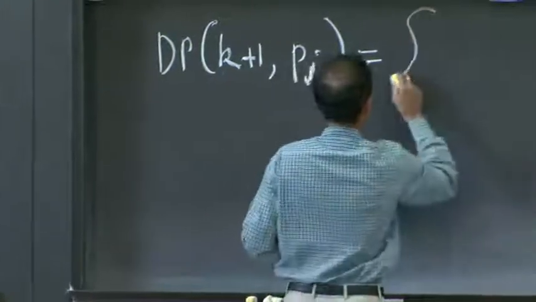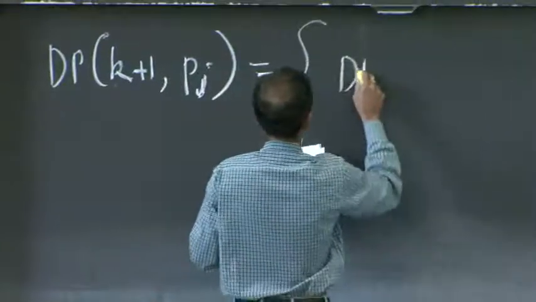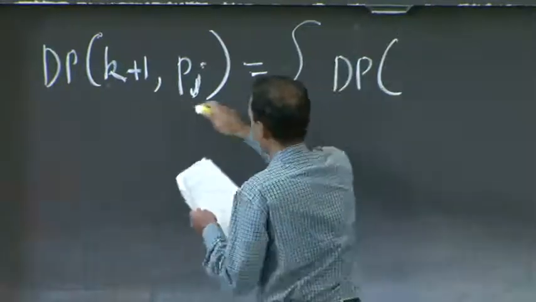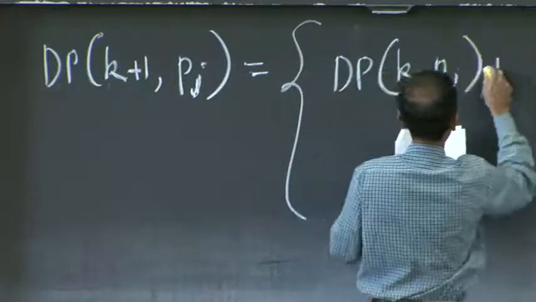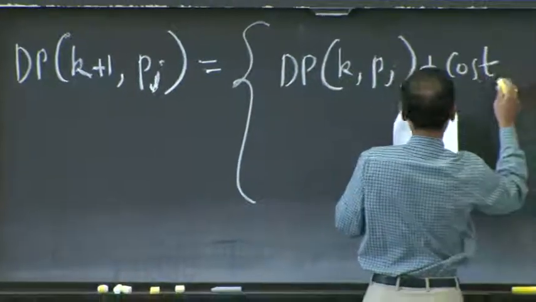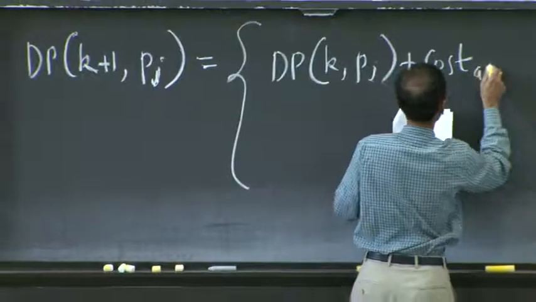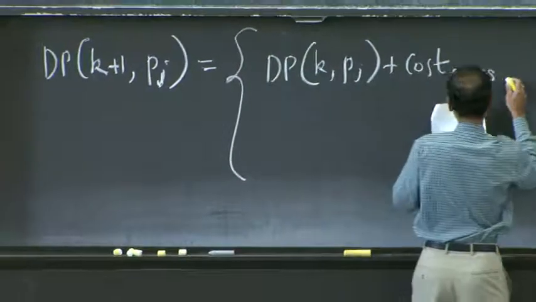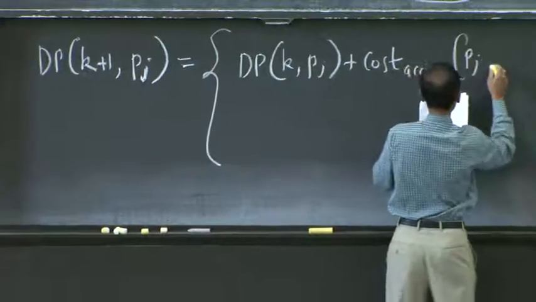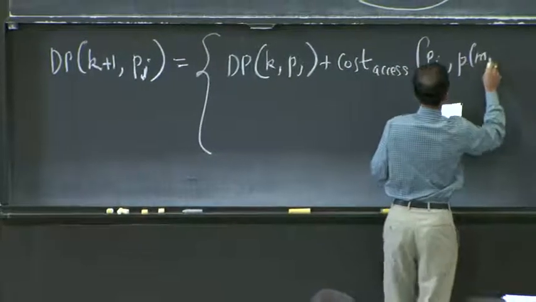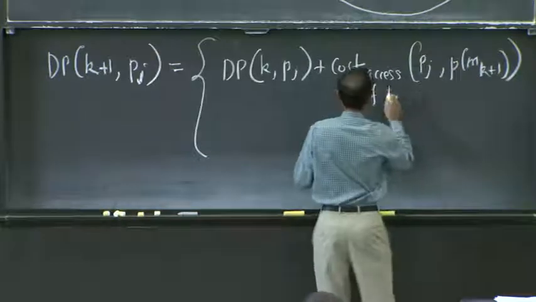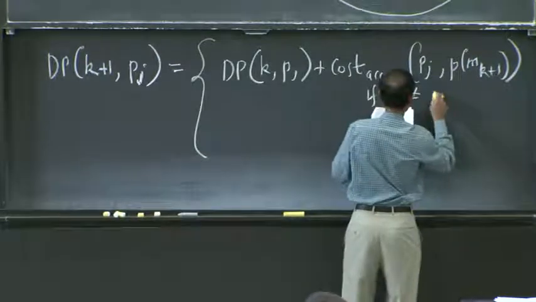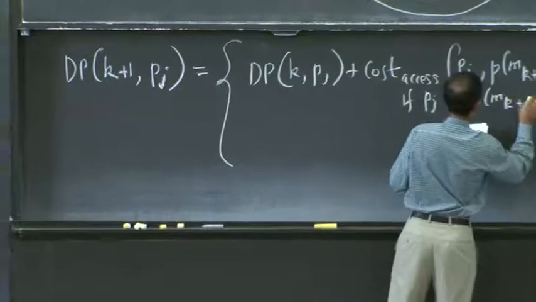Now what you have to do is essentially say, well, dp[k+1][Pj] is going to be dp[k][Pj] plus the cost of access from Pj to P(M[k+1]), if Pj is not equal to P(M[k+1]).